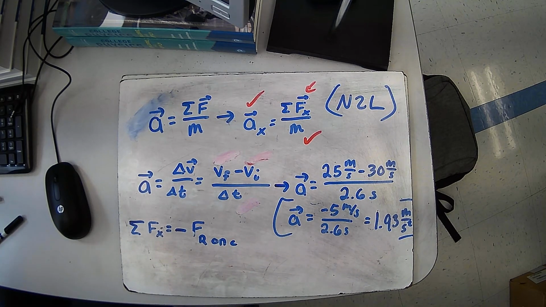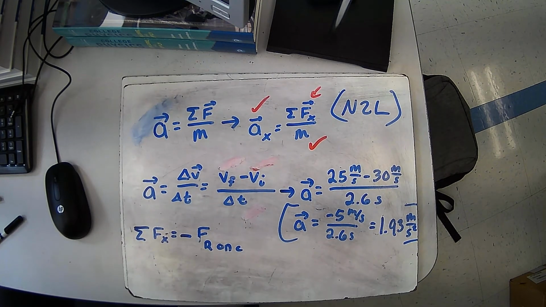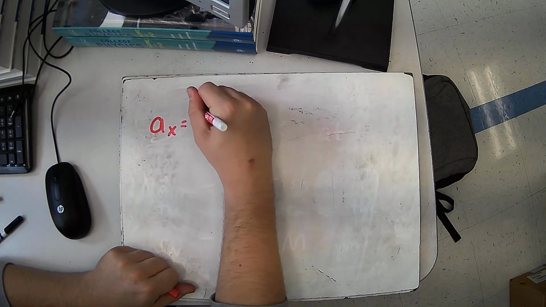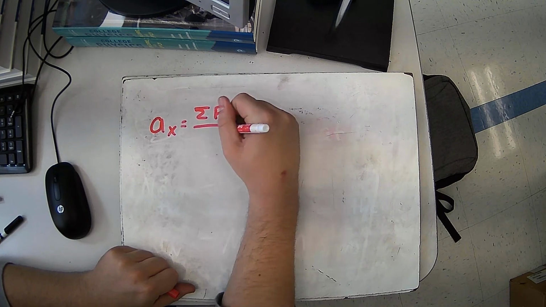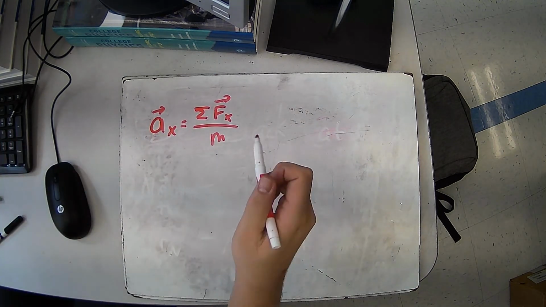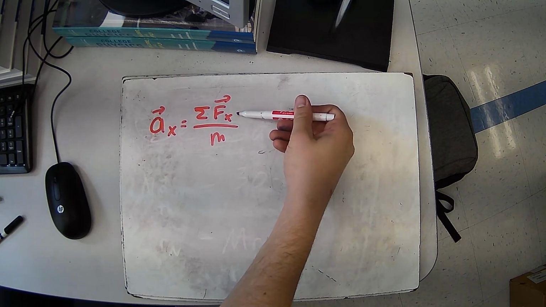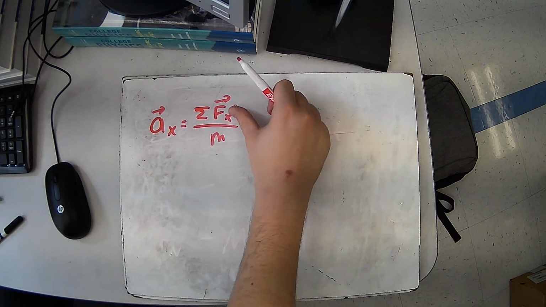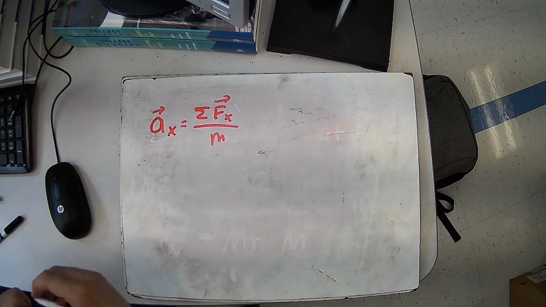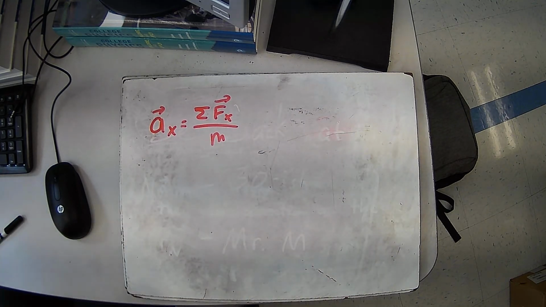We're just kind of seeing what we can do. I'm going to rewrite Newton's second law in the x direction now. And since this is the unknown, I'm going to rearrange this equation so it's the subject of our sentence. In other words, so that it's by itself on one side of the equal sign. And we do that by multiplying each side by m.